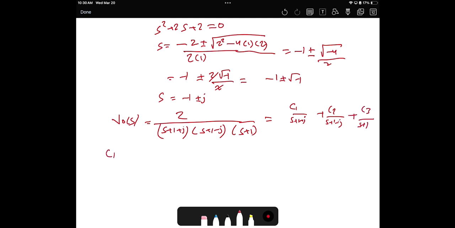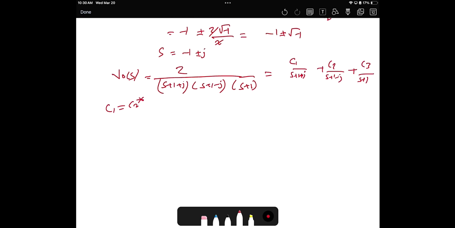Again, keep in mind C1 must equal C2 conjugate, because this is associated with two complex conjugates. Then how do we calculate C1?